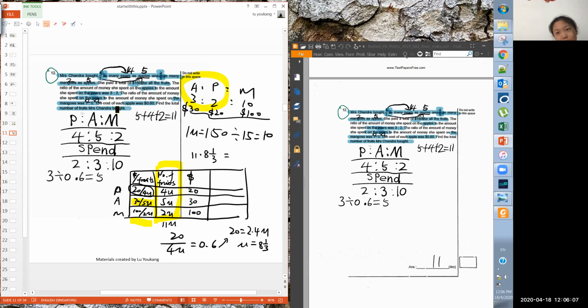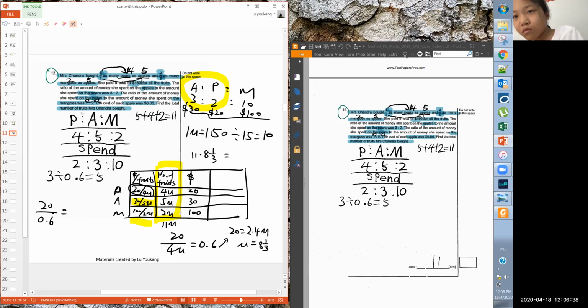And then what it says is the cost of each apple was 60 cents. Okay. Oh, so 60 cents, you spend $20. 20 divided by 60 cents. So you are supposed to get what? Let me use my calculator. 20 divided by 60 cents.